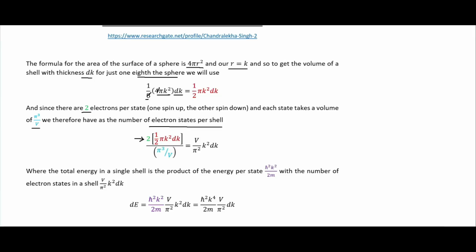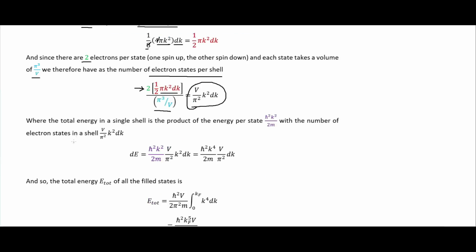This right here in red is the thickness of the surface of our shell, and then this is the volume that each state takes, and so we end up with this right here.